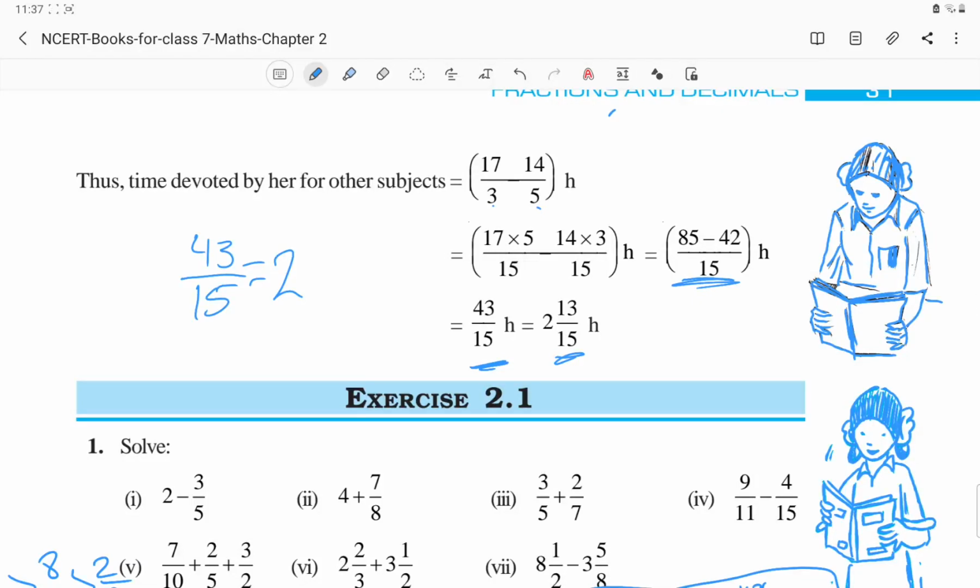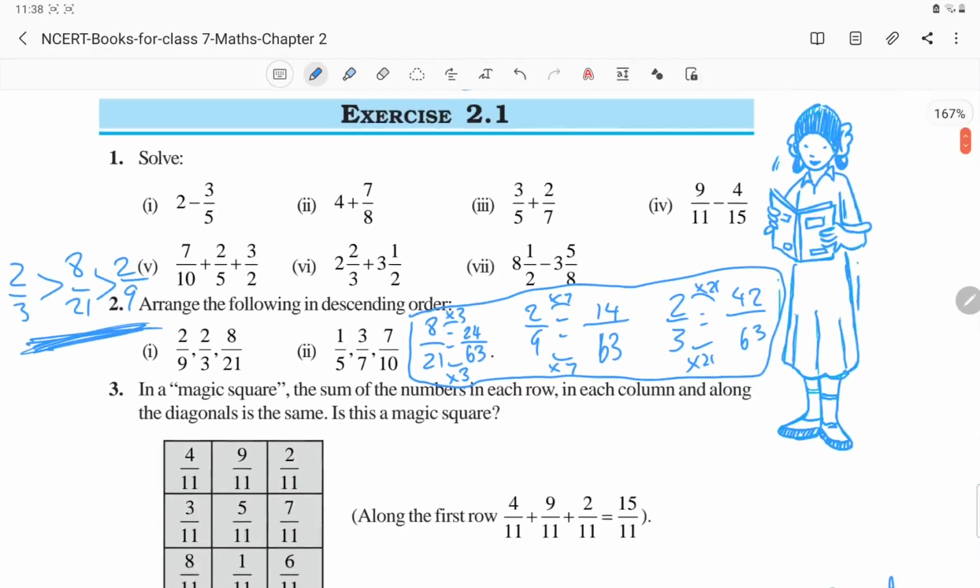So 43 minus 30, try and do it in your head, mental maths, which is 13. So 13 by 15. 2 and 13 by 15. That is how you convert an improper fraction to a mixed fraction.